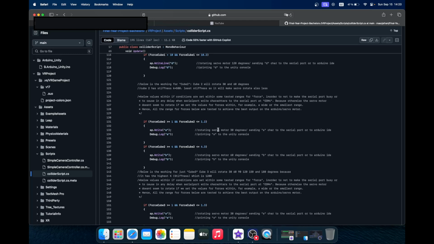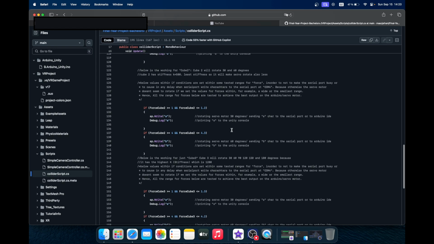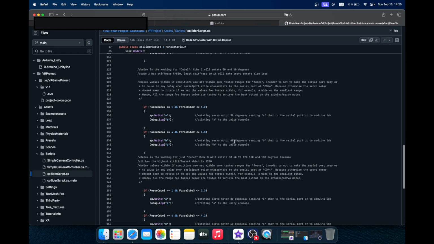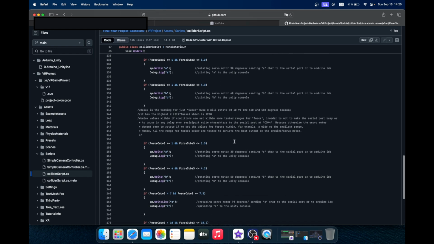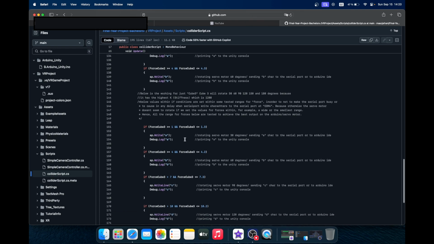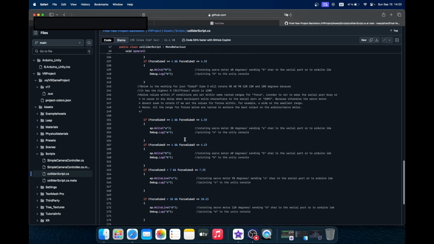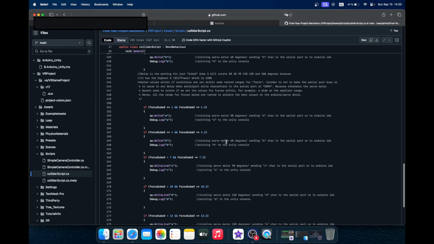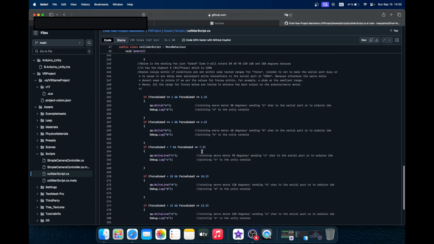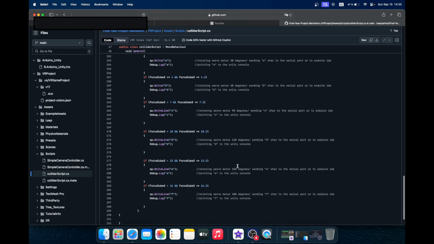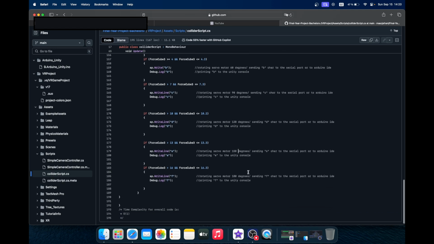Character A in this case would mean rotate by 30, and character B would mean rotate by 60. But instead of cube 1 and cube 2, if cube 3 is being pressed from the top, A would mean rotate by 30 degrees, B would mean rotate by 60 degrees, C means 90, 120, 150 and 180.